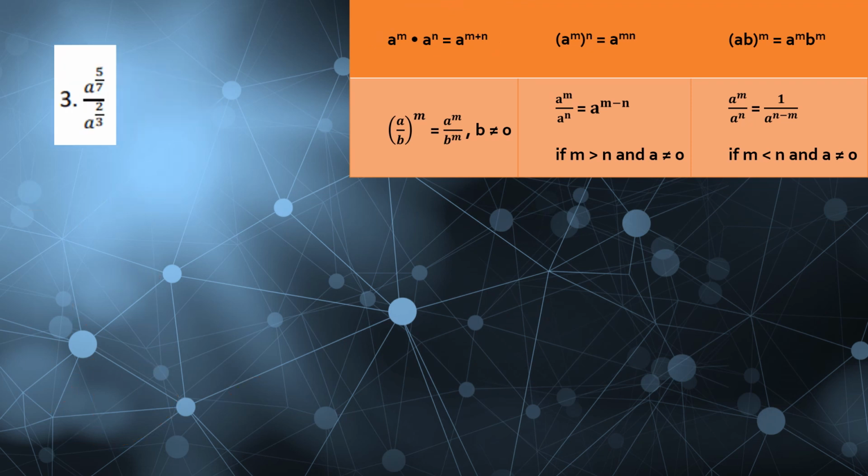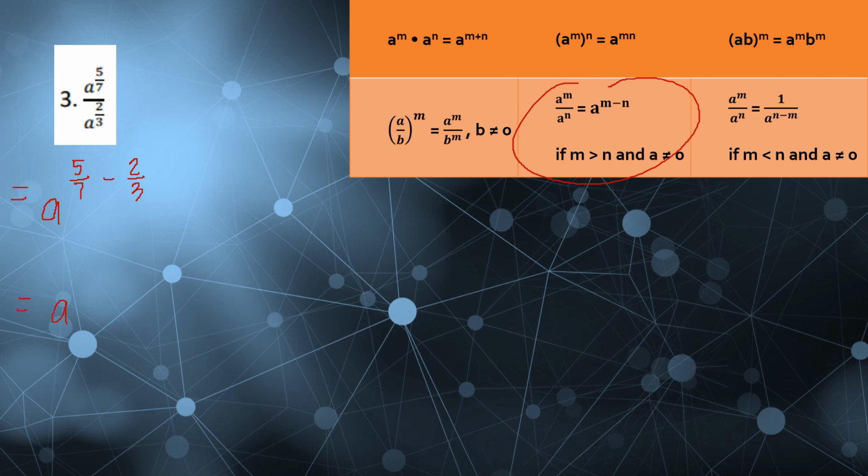Let's have another one. a raised to 5 over 7 over a raised to 2/3. So which law are we going to apply? If you choose to use this law, you subtract the exponents: 5 over 7 minus 2 over 3.